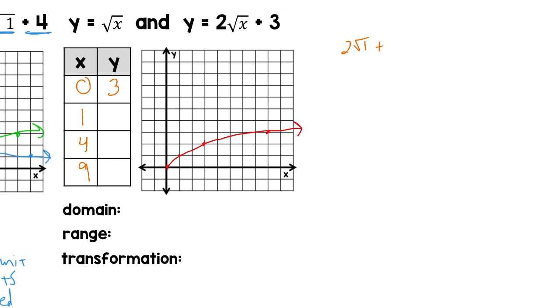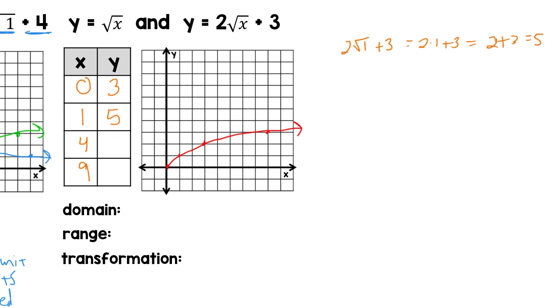2 times the square root of 1 plus 3 is just 2 times 1 plus 3, or 2 plus 3. What's that 2 doing? Or 5. And then we've got 4 times the square root of 1 plus 3. And that's just 4. Oh, crap. I did that all wrong. I am super sorry.